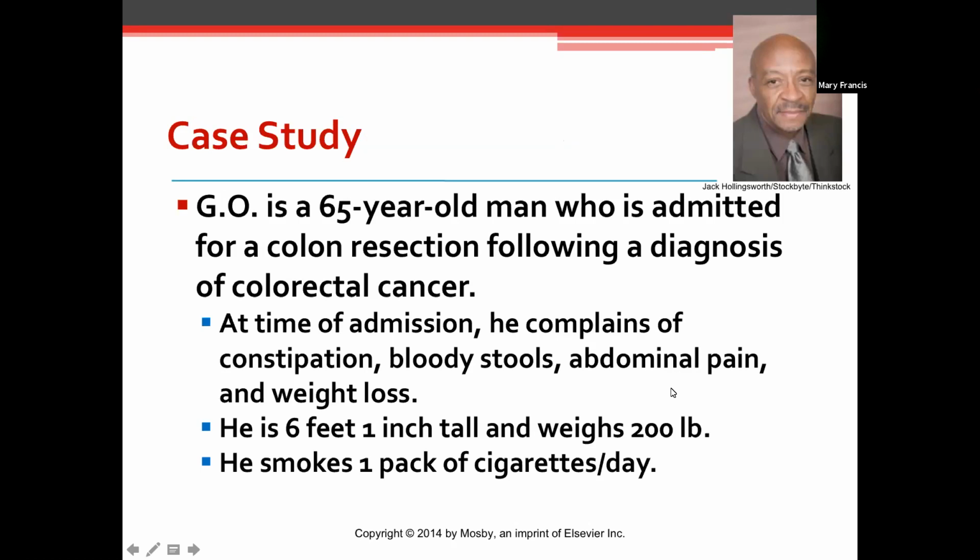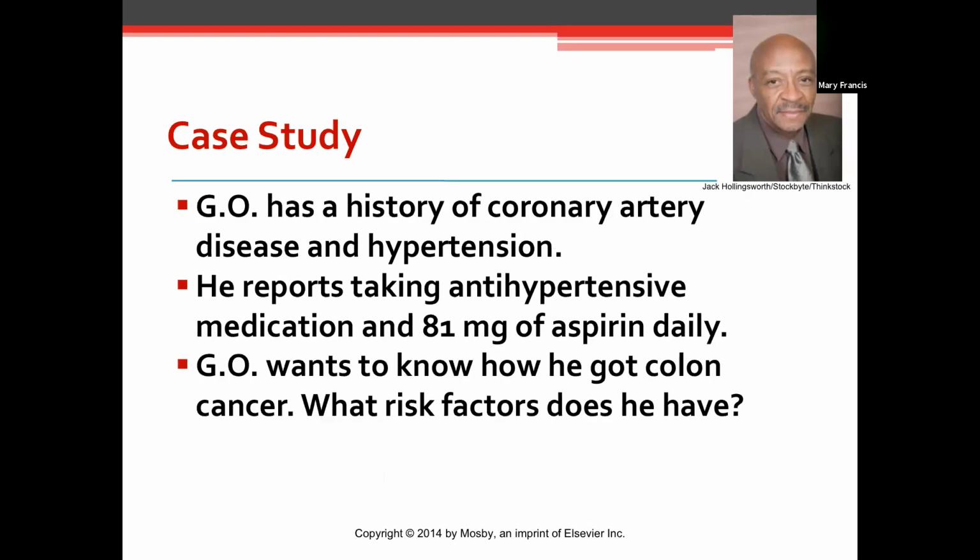So some of the risk factors that you can identify in his history are the smoking and the fact that he has experienced some constipation as well as bloody stools. GO has a history of coronary artery disease and hypertension. He reports taking antihypertensive medication and 81 milligrams of aspirin daily.